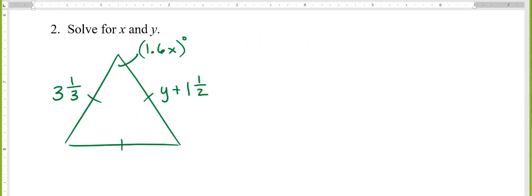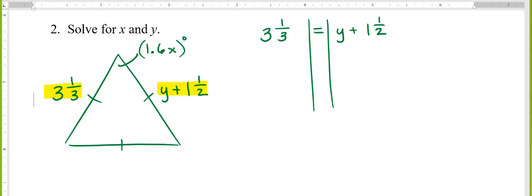All right, with respect to the sides, this is an equilateral triangle. I know that 3 1/3 has to equal y plus 1 1/2. What do I need to do to both sides? Subtract. Yep, subtract what? 1 1/2.